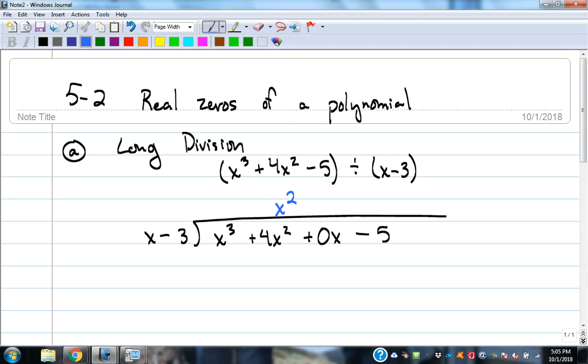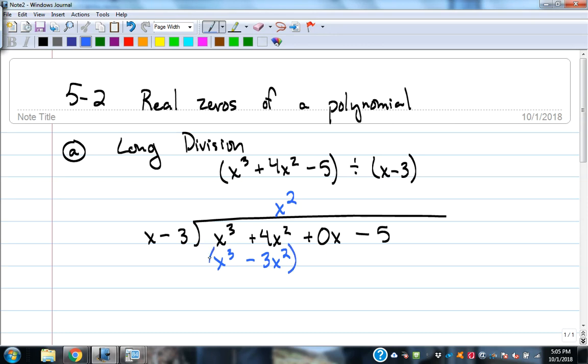All right, so now we know that x times x squared will give us x cubed. So what we're going to do is take whatever we put up here and multiply it times everything that's out here. So x squared times x gives me x cubed, so I'll put x cubed right there underneath. x squared times negative 3 would give me negative 3x squared.